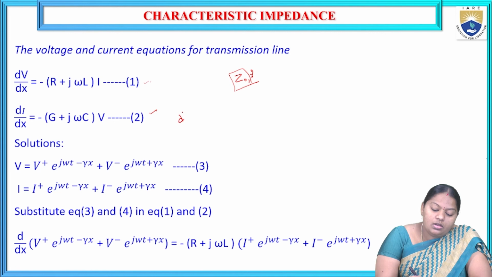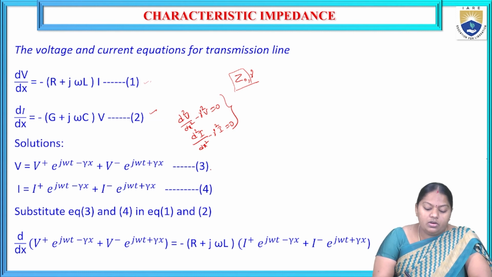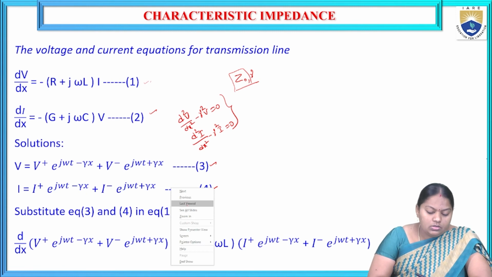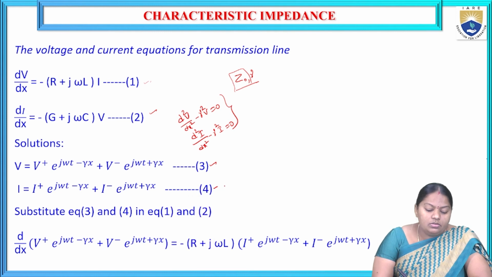Those two are d square V by dx square minus gamma square V equals 0, and d square I by dx square minus gamma square I equals 0. These two are called transmission line equations, which are of second order. If you find the solutions for those two, you obtain V equals and I equals the above. So now, from these relations 1, 2, 3 and 4, we are going to write here.